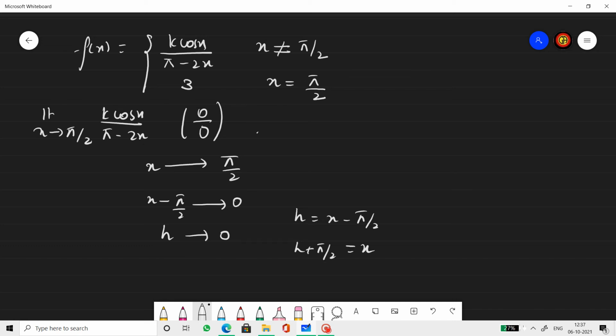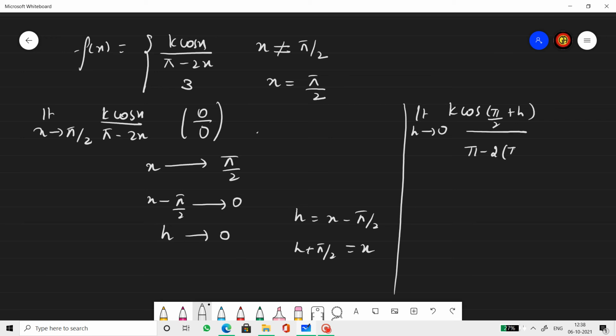Now the question will transform as limit h tending to 0, since x tending to pi by 2 becomes h tending to 0, of k cos of pi by 2 plus h divided by pi minus 2 times pi by 2 plus h.